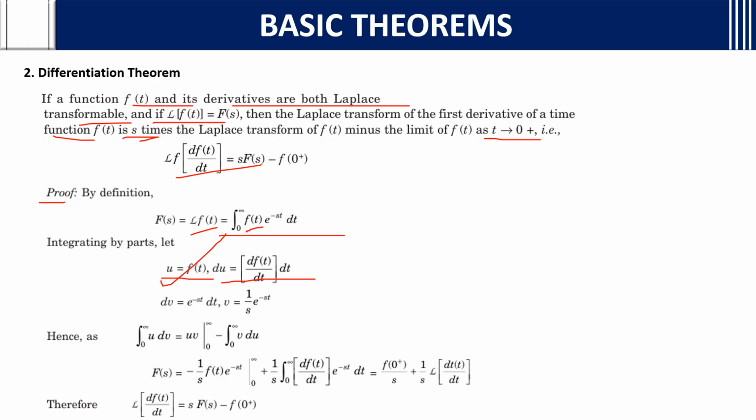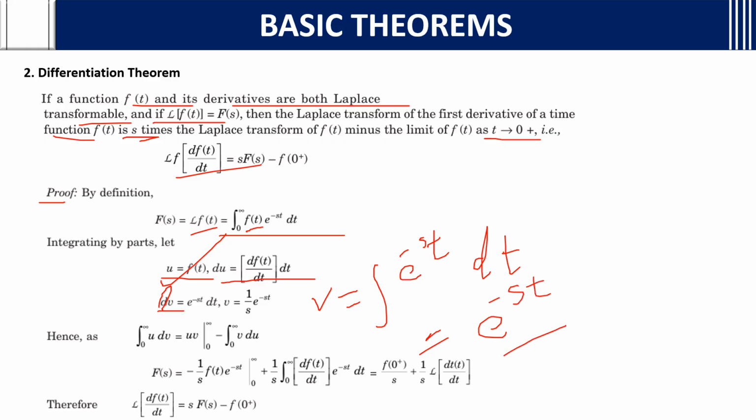Then if we take dv is equal to e power minus st dt, then v will become the integration of e power minus st dt, which is e power minus st by minus s.